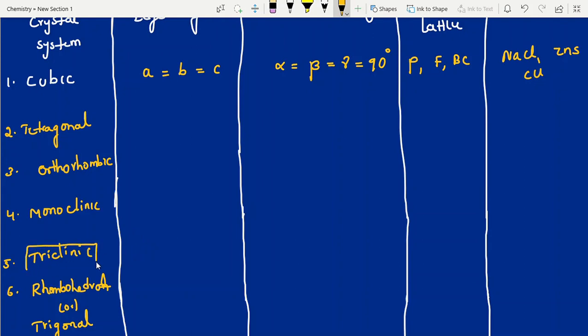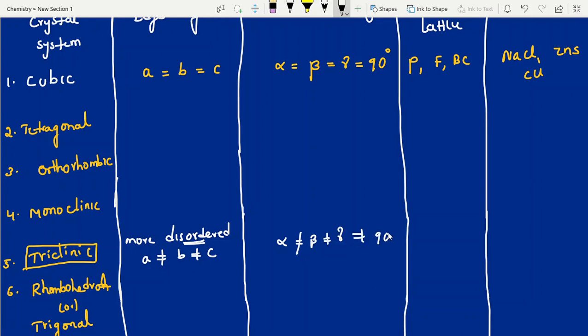Please make a note of this. Triclinic is the more disordered system. Here A not equal to B not equal to C, and alpha not equal to beta not equal to gamma not equal to 90 degrees. That's it.